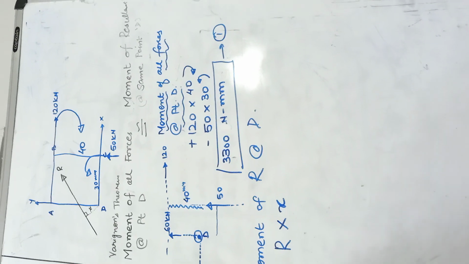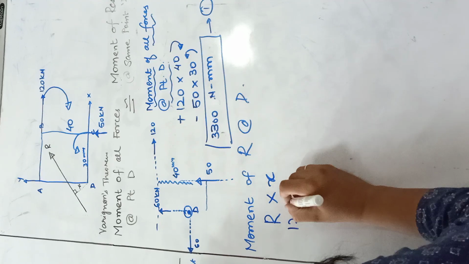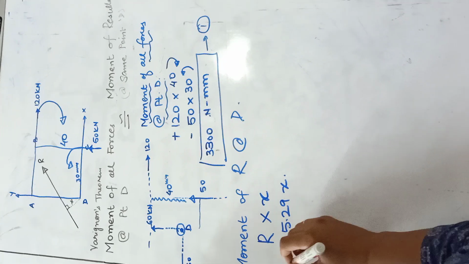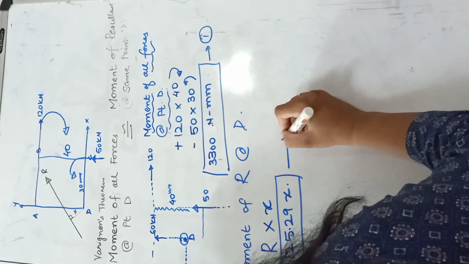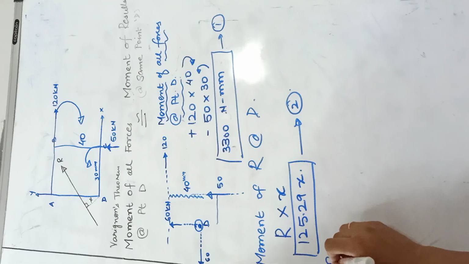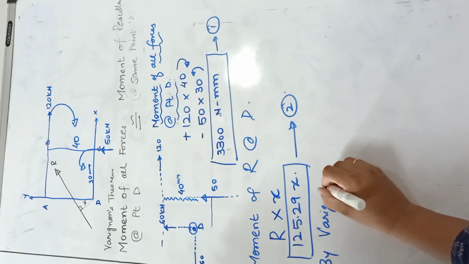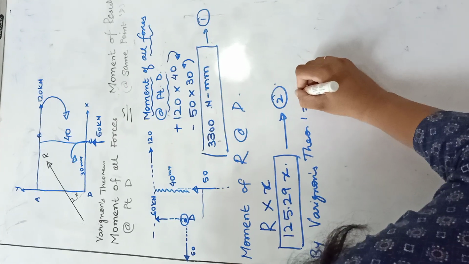What is the value of R I have obtained? 125.29x. So this is my equation number 2. So by Varignon's theorem, 1 is equal to 2.